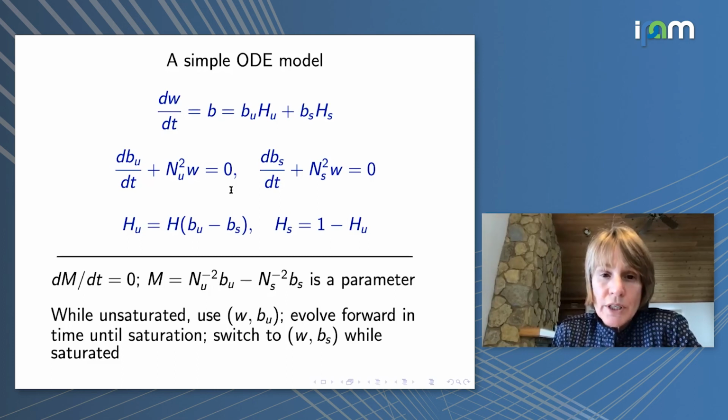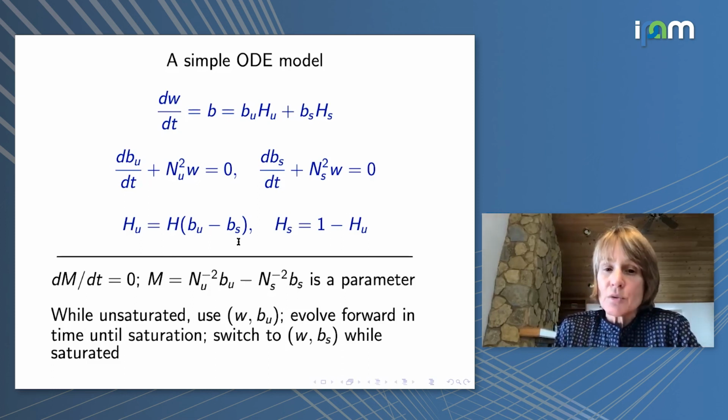So what we can do here is solve this ODE system exactly, starting from, for example, unsaturated initial conditions. In that case, we would start by using the equations for W and BU, evolve exactly in time until we hit the saturation condition, which is BU equals BS, and then switch over to solving the system for vertical velocity and saturated buoyancy BS, and so on.